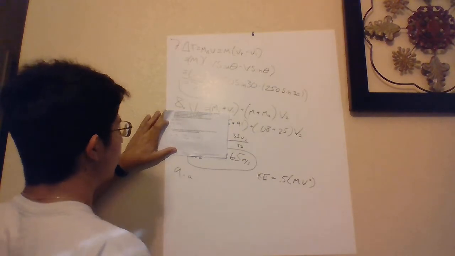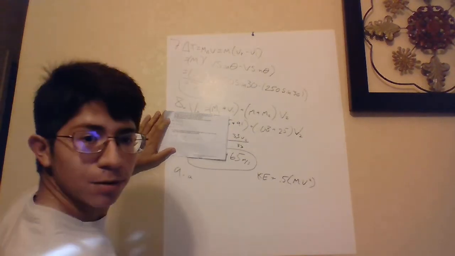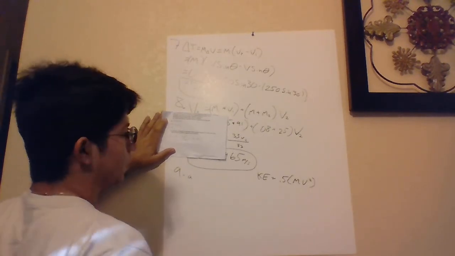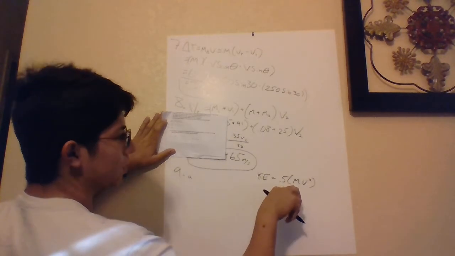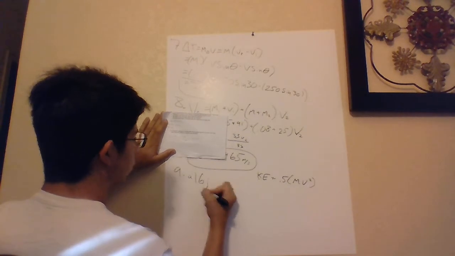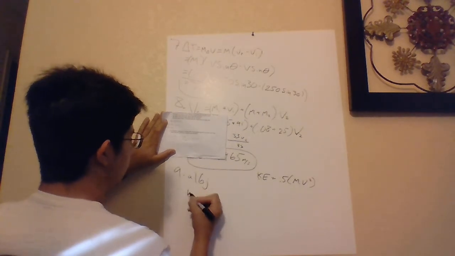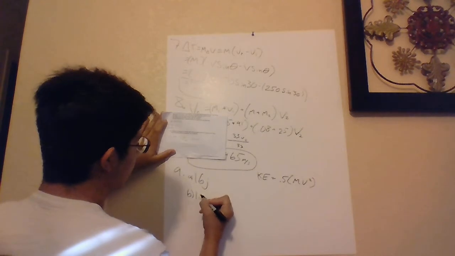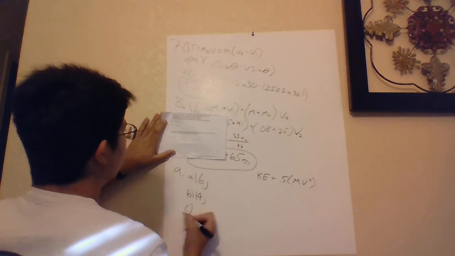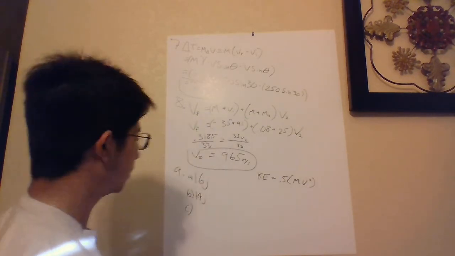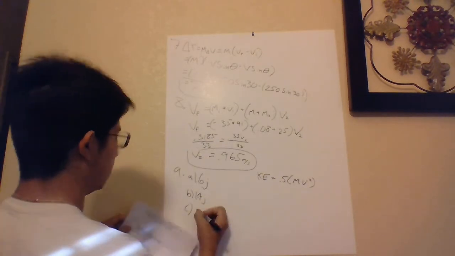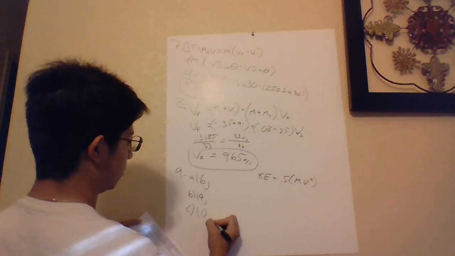So for part A, I plugged that in. And the video is getting kind of long, so I'll just give the answers. For A, I plugged the mass and the velocity in, which gave me 16 joules. For B, I plugged them in, which gave me 14 joules. And for C, to find the energy transferred, I found the difference between the two, so it gave me 10 joules.